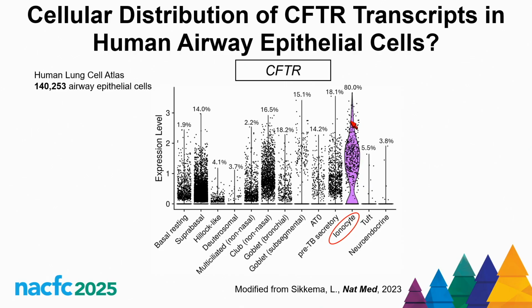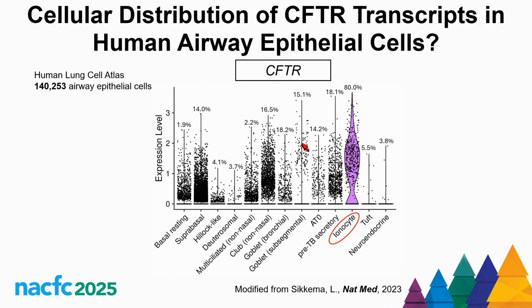This is data from the Human Lung Cell Atlas showing CFTR expression in a variety of epithelial cell types. This data again highlights the very exclusive feature of ionocytes expressing high levels of CFTR. The percentage on the top of each bar shows the proportion of CFTR-positive cells in each cluster. So 80% of ionocyte-annotated cells express CFTR.